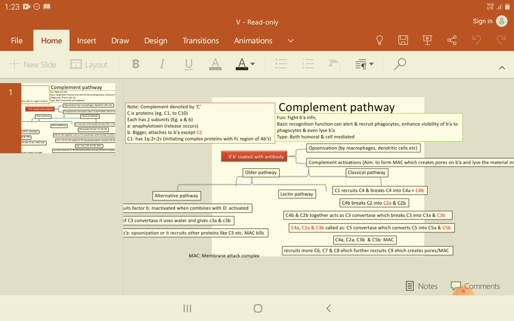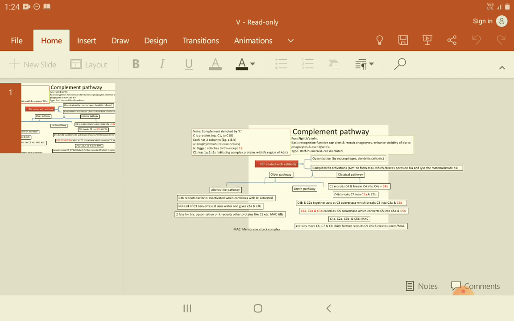Only C2 is A in this complex, the other three are B, which altogether recruit more C6, C7 and C8, which further recruit C9, which creates pores, and this is called the membrane attack complex.